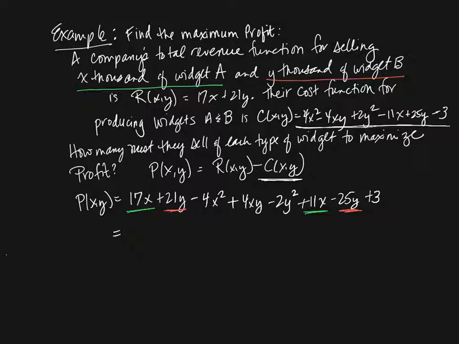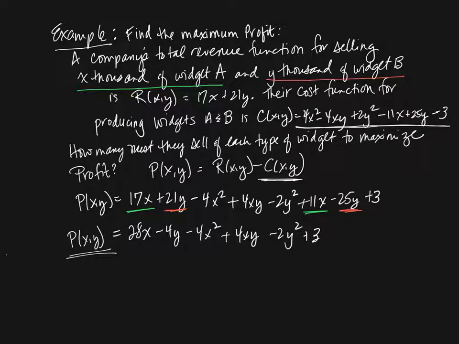So P of x y is 17x plus 11x, that's 28x. And 21y minus 25y is minus 4y. And then minus 4x squared plus 4xy minus 2y squared, and then plus 3. Right? So this is the function that we're looking to find the maximum of.